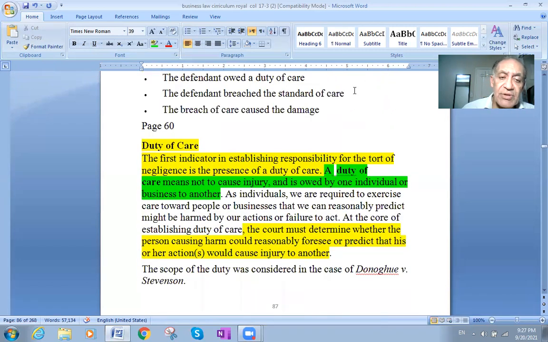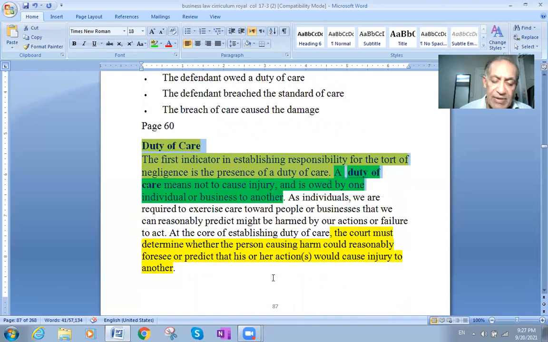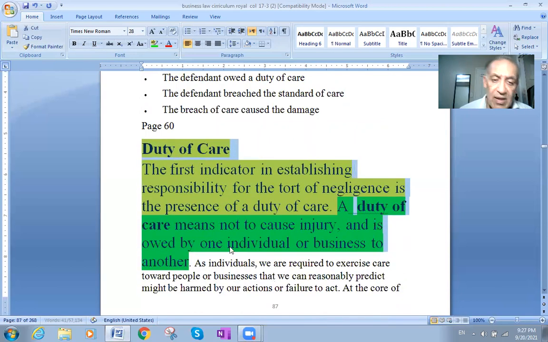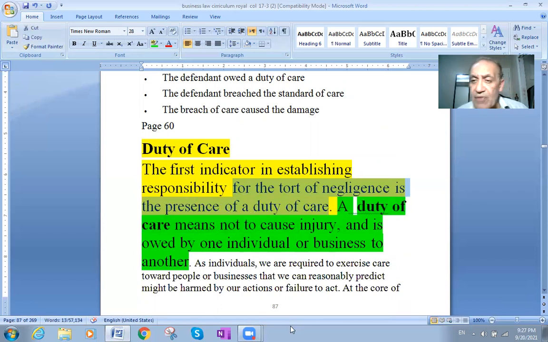Duty of care. Let us see what we mean by duty of care. A first indicator in establishing responsibility for the tort of negligence is the presence of a duty of care. So if you have a duty of care, then there will be no negligence, no unintentional tort.